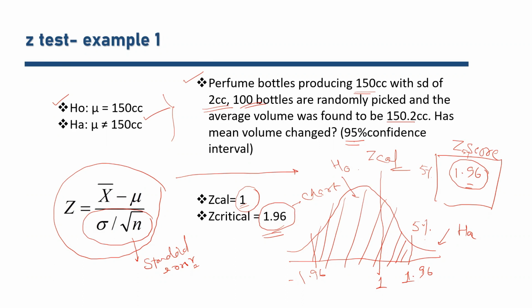So for this given Z value, Z cal, from the chart we have gotten 1.96, right? So will there be a case that Z critical is less than the Z value? Yes, it can happen.